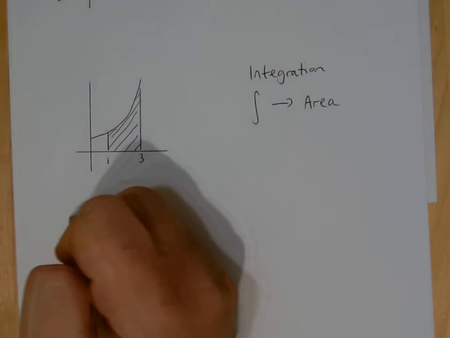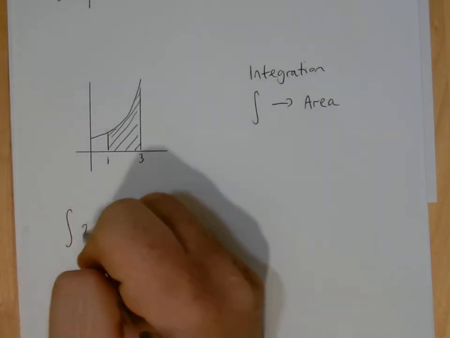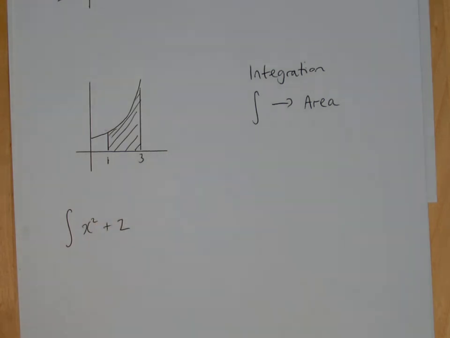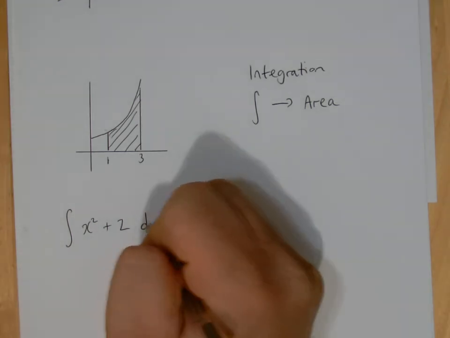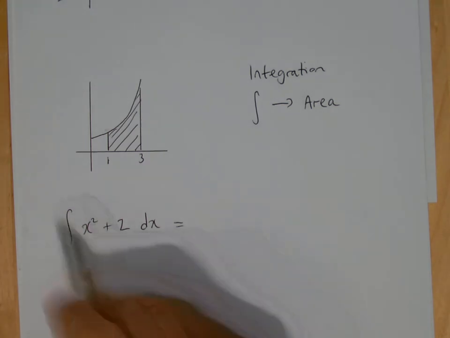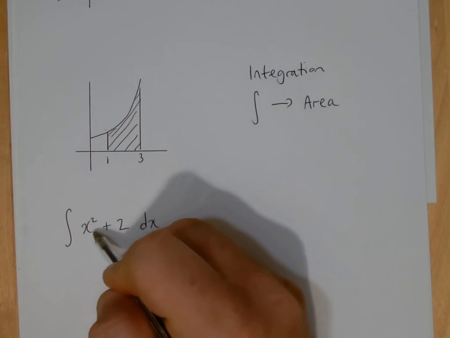Quite simply, suppose I want to integrate the curve y = x squared + 2. This would be known as an indefinite integral, because I'm just given this and asked to integrate, and you do the same process as we've just learned.